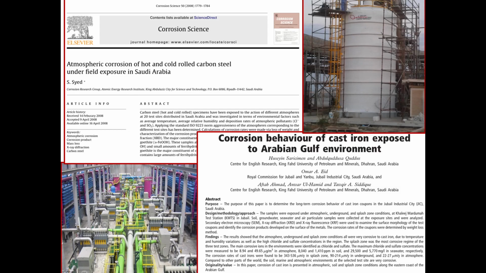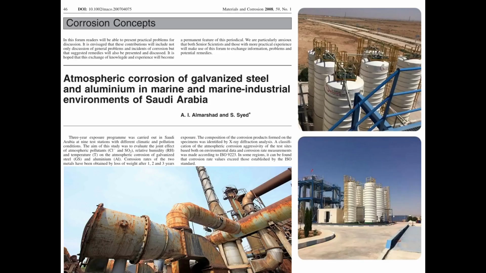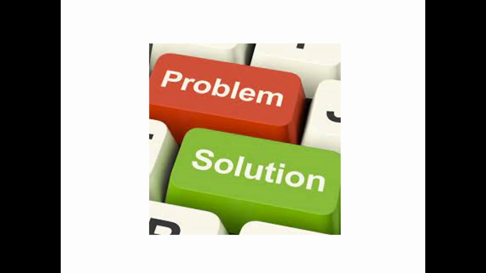One reason is that the Gulf environment is corrosive, and also refineries most of the time handle corrosive fluids, which cause a lot of corrosion problems. So work has been done, and they are still exploring more and more to reduce the cost of maintenance and to continue the operation of the industry, because shutdowns involve a lot of economic problems.